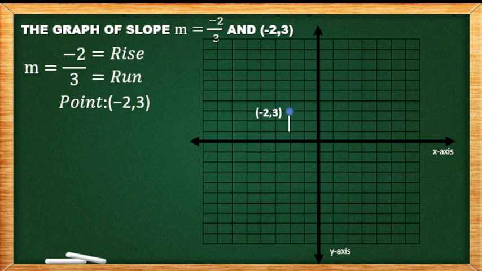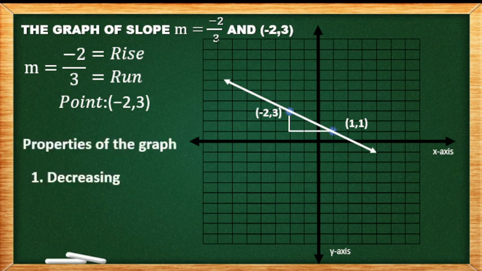Then yung 3 positive again, magra-run tayo to the right ng tatlong beses. 1, 2, 3. Stop. Kunin mo yung coordinates niyan or location point. Ayan. (1, 1). Then construct a line. So this will be the graph of negative 2/3 and (-2, 3). Properties decreasing. Slope is negative as the given.